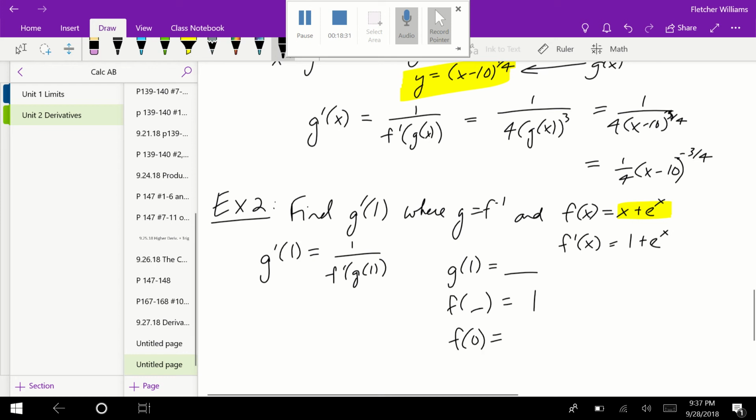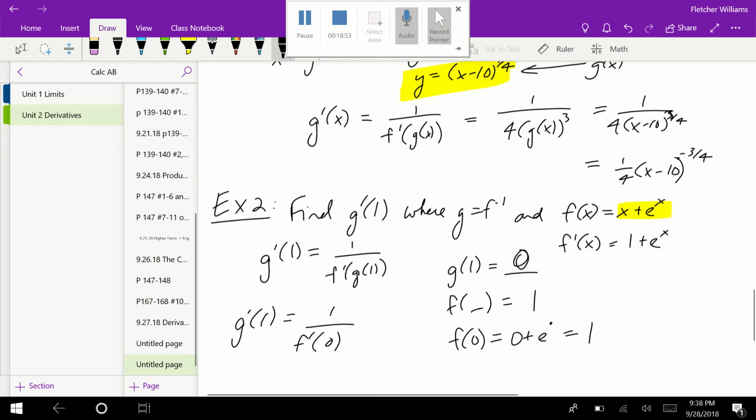f of 0 is 0 plus e to the 0. Well, e to the 0 is 1. So actually, 0 is your answer here. So g of 1 equals 0. That means that g prime of 1 back here is 1 over f prime of 0.